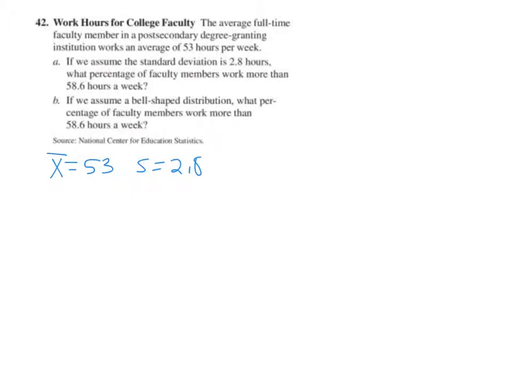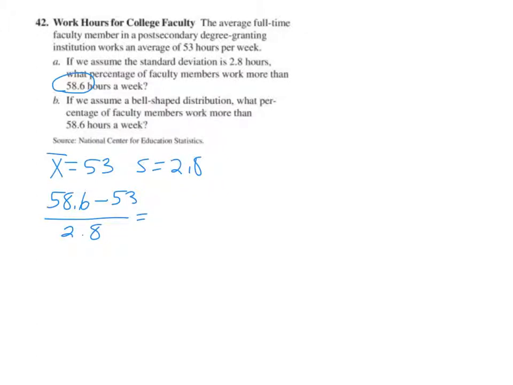In Part A, they say nothing about the distribution, so I have to use Chebyshev's. So that's an endpoint, 58.6 hours. 58.6 minus my mean, divide by my standard deviation. That's going to tell me how many standard deviations away I am.